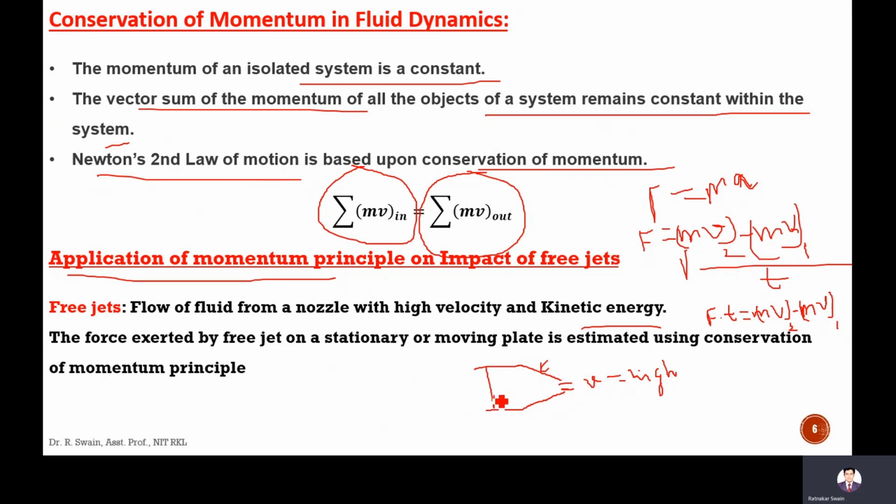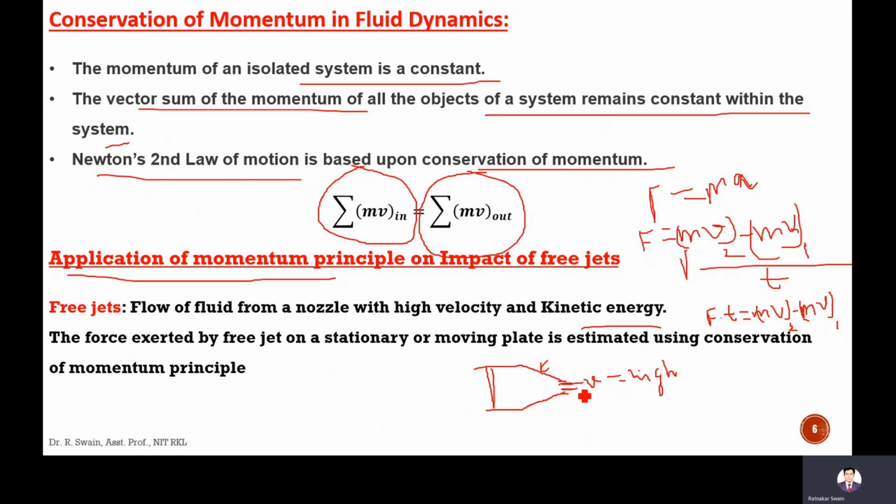Compared to this point, the area here is very less. If area is less, then velocity will be more according to the continuity equation, because A1 V1 is equal to A2 V2.